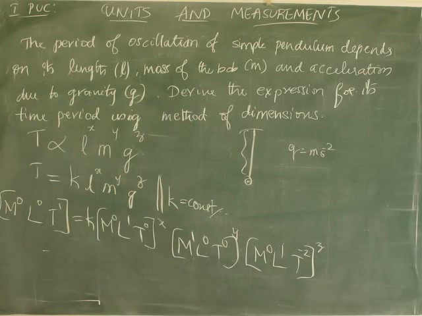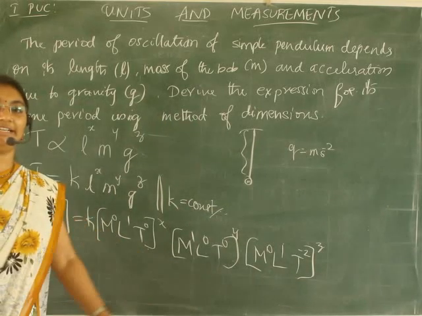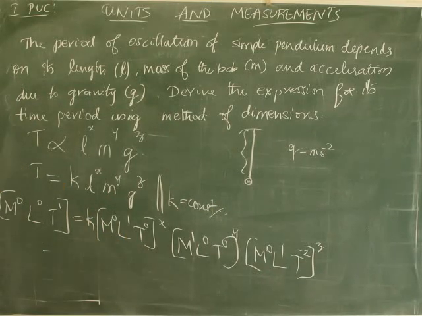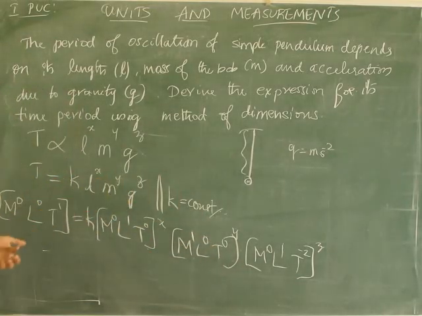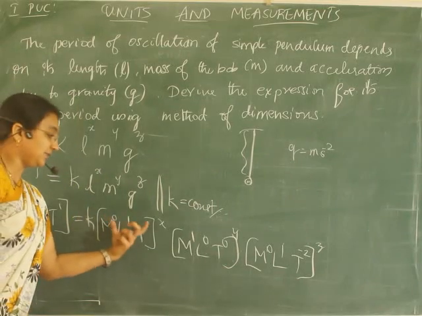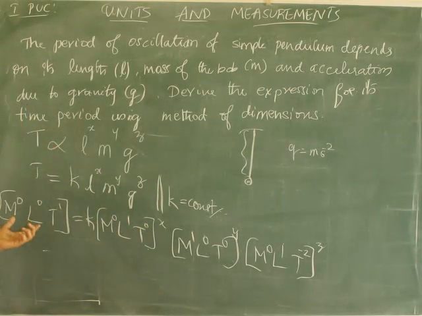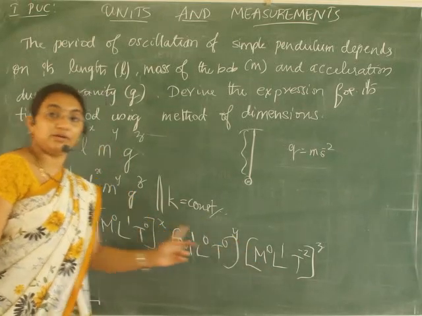Am I right? According to the principle of homogeneity, each term on the right hand side should be equal to the left hand side, correct? So this one should be equal to this one, this one to this one, and this one to this one.